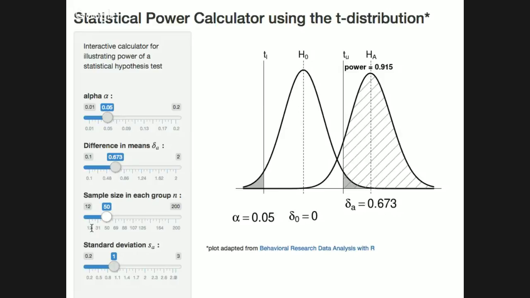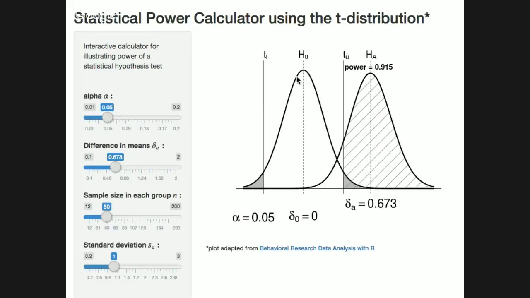So speaking of sample size, what is going to happen to this null sampling distribution as we increase sample size? Remember that when we changed the difference in means, nothing happened.